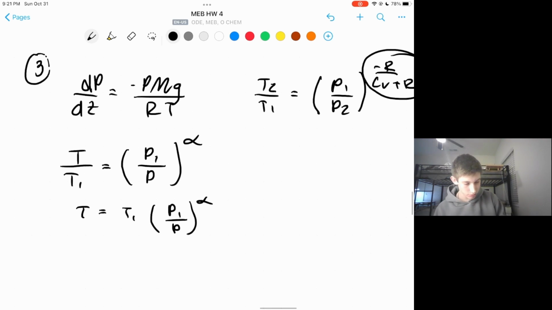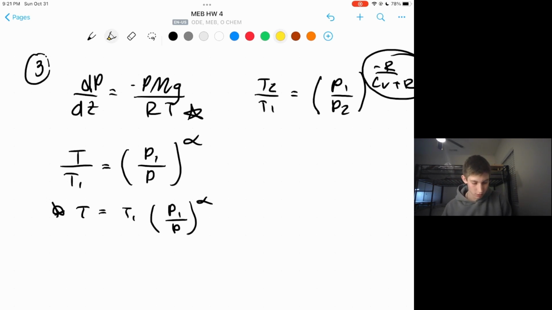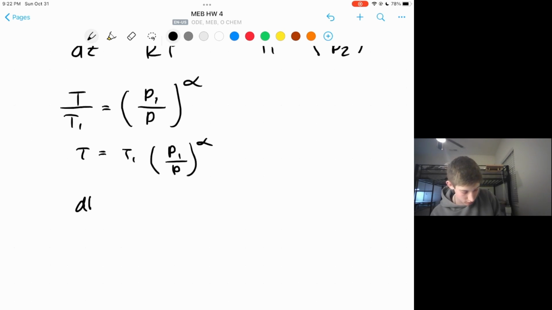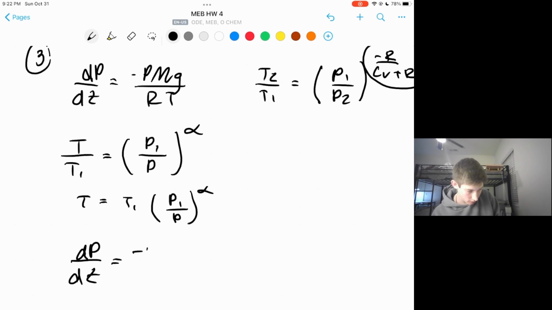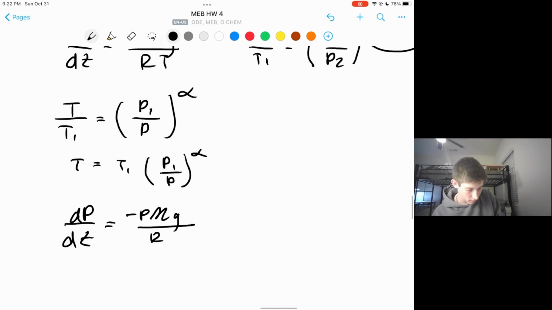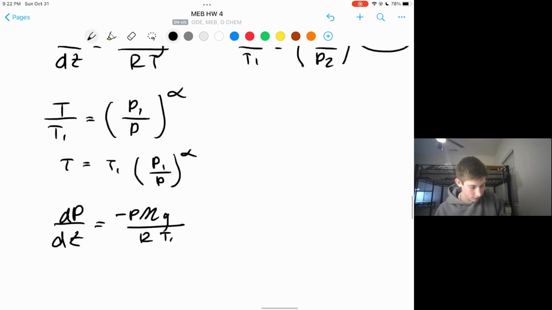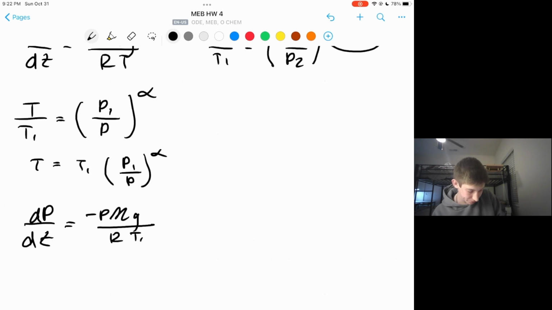So now we're going to substitute this equation right here, so that we have dP over dz equals negative P times molecular weight times gravity over R, and then this is multiplied by T1 times P over P1 raised to the power alpha.